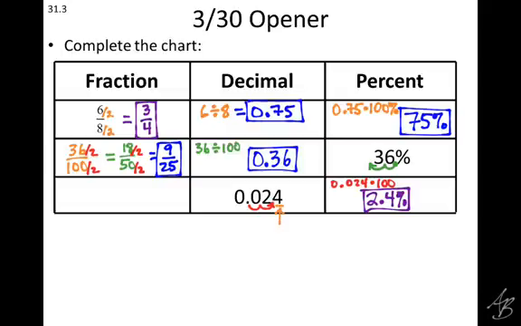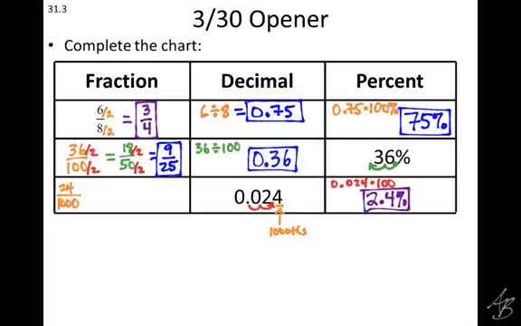That is the thousandths place, which means that what's going to be on the bottom? 1,000, right? And what goes on top? 24. So we take the number, but take the decimal off, and when we take the decimal off, we can also take those leading zeros off, so we get 24 over 1,000.